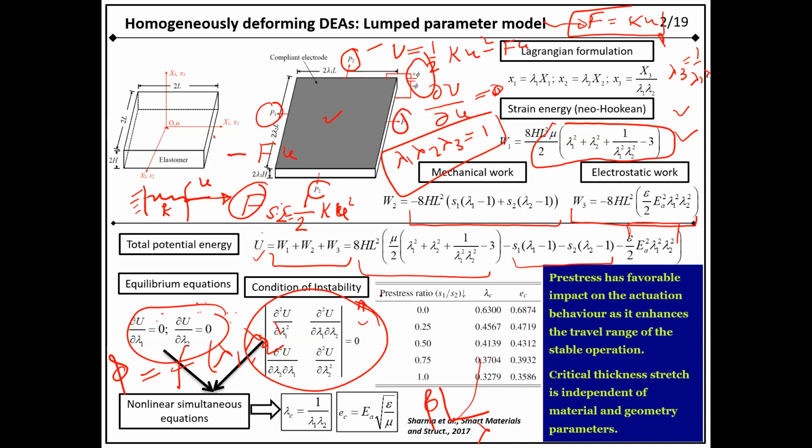When the second derivative, or the Hessian, is negative, the system is in an unstable state. So there will be a critical point where the system moves from stable to unstable. That defines our threshold on the stable operations, and we can obtain it by equating the Hessian to 0.